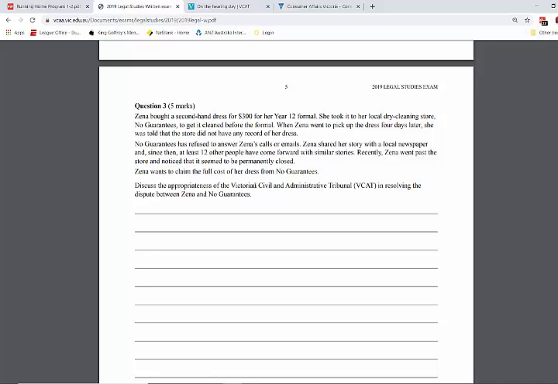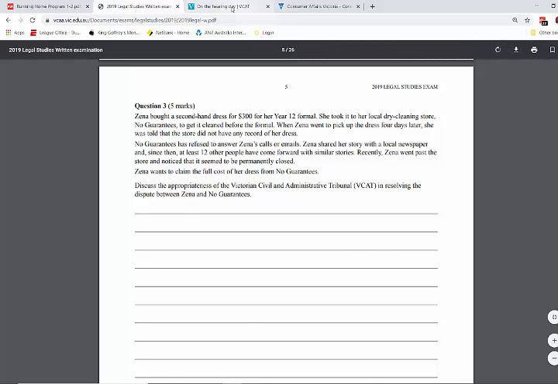But VCAT's also going to try and get us to resolve it through alternative methods as well, which is really, really helpful. But VCAT might not be appropriate because there's really limited appeal avenues. So if we get to a hearing and for whatever reason the matter is found in favour of no guarantees, then Zena has really no option to follow this up.